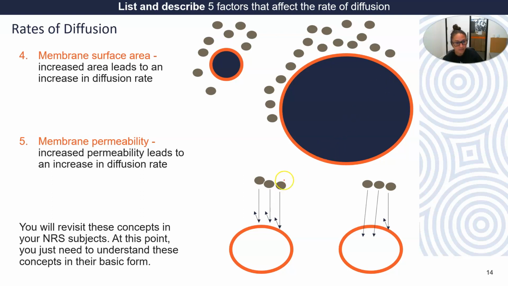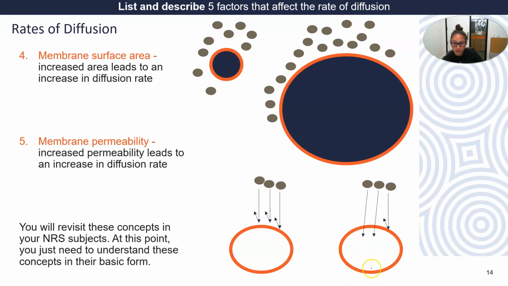And the other thing that we need to think about is membrane permeability. Now remember, to be permeable means that you can put things through it. So let's have a look at this cell here. As you can see, this plasma membrane is not permeable at all to my molecules. Does that mean that they're going to diffuse through? No. Let's have a look at this cell here.